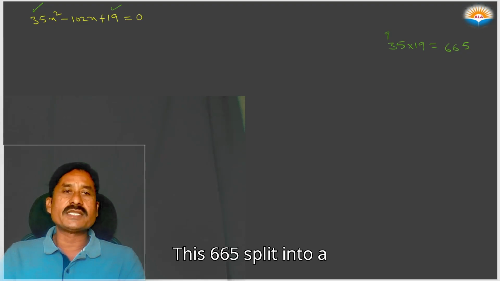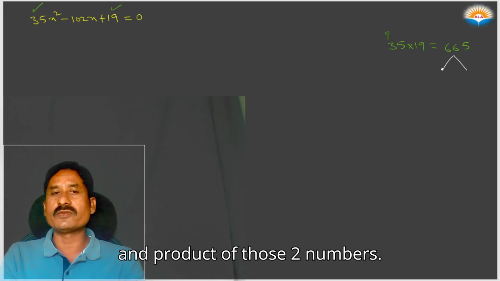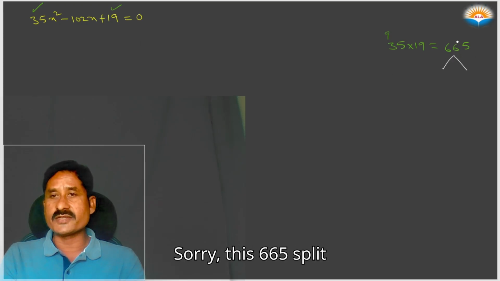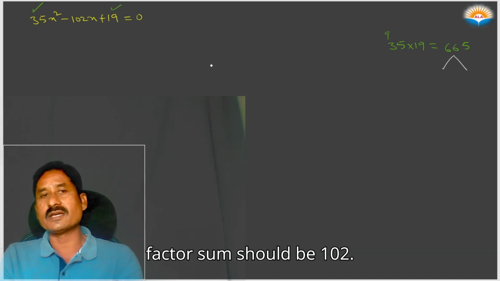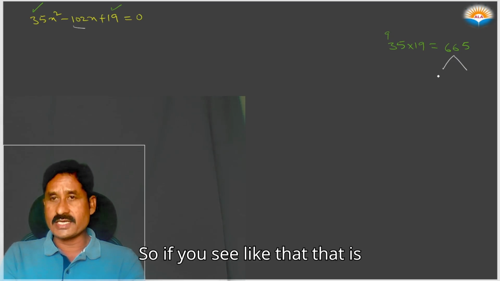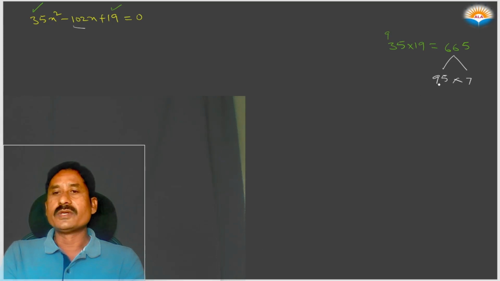This 665 we split into a product of two numbers, and their sum should be 102. So if you see, that is 95 into 7, or minus 95 into minus 7.